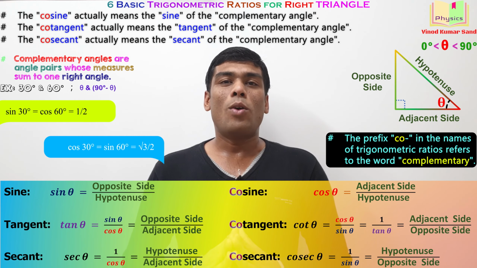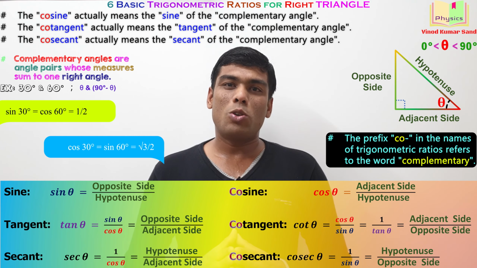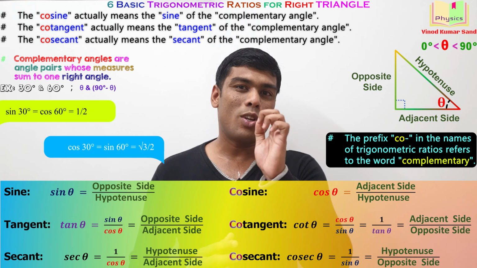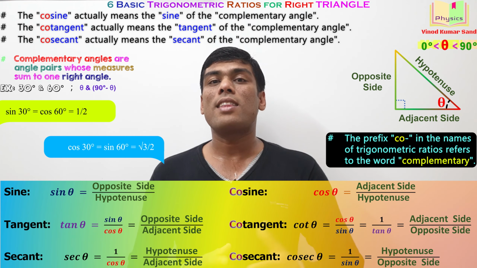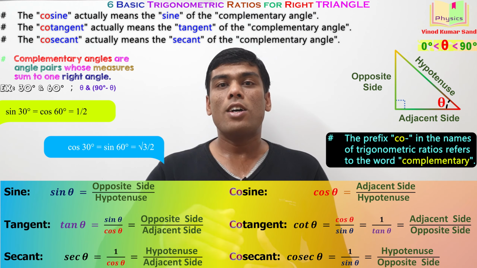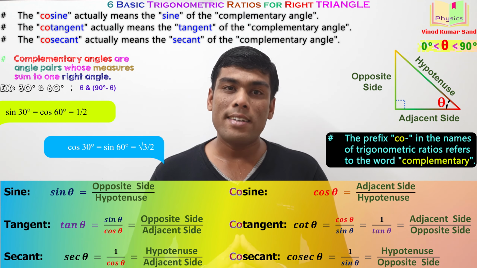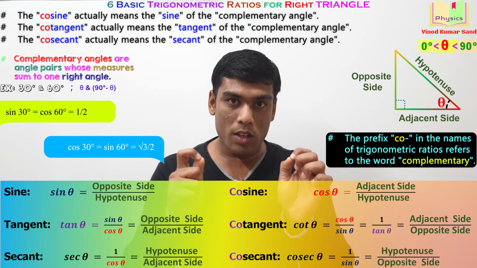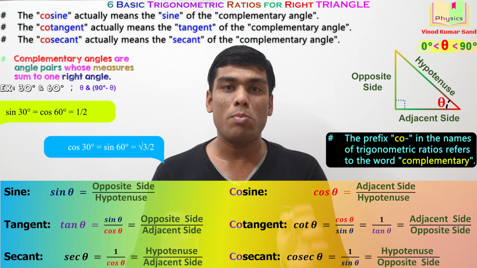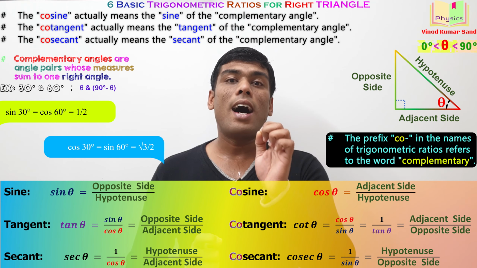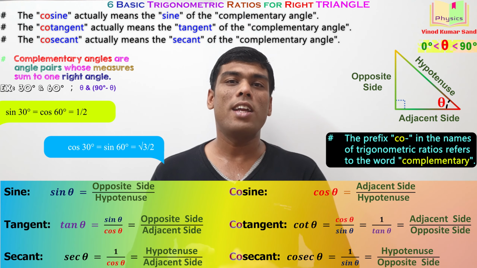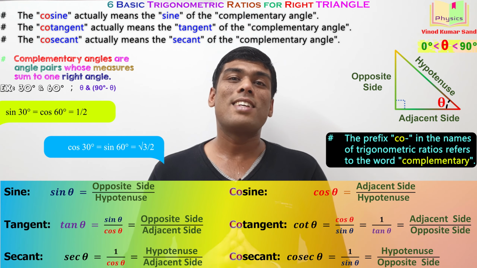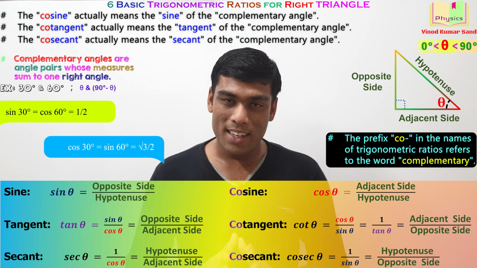Clear? Now, if you pay attention to the board, here is a condition written for theta. The theta must be greater than 0 degrees and should be less than 90 degrees. Pay attention, the ratios which are visible on the screen are useful if and only if theta is greater than 0 degrees and theta is less than 90 degrees.